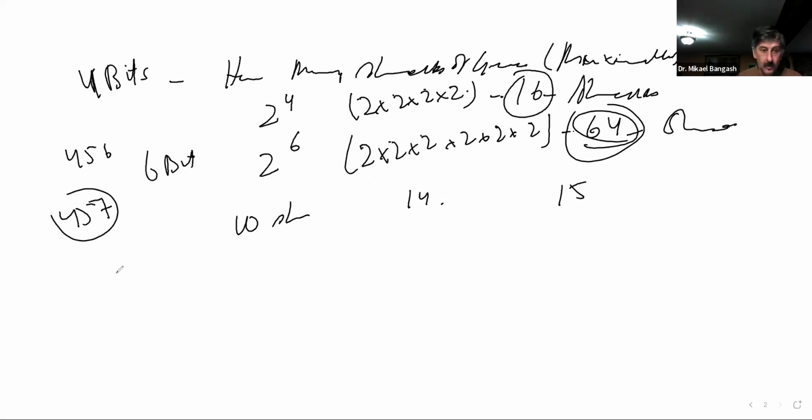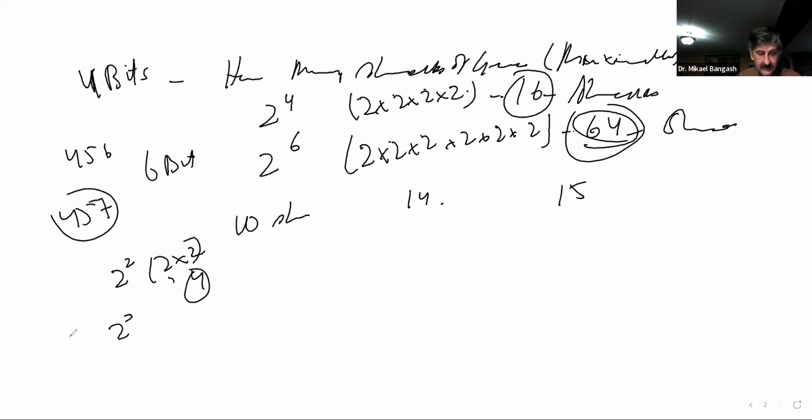Now if you say 2 bits, for instance, 2 bits is 2 times 2, that becomes 4. That's too low, because that can only give us 4 shades.